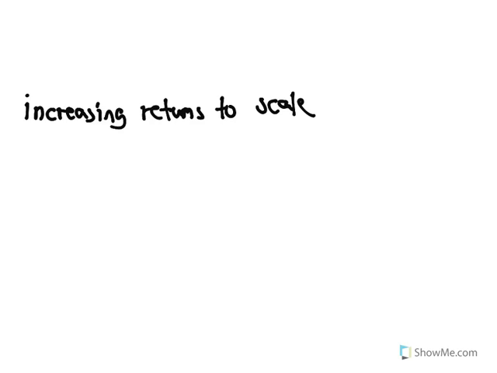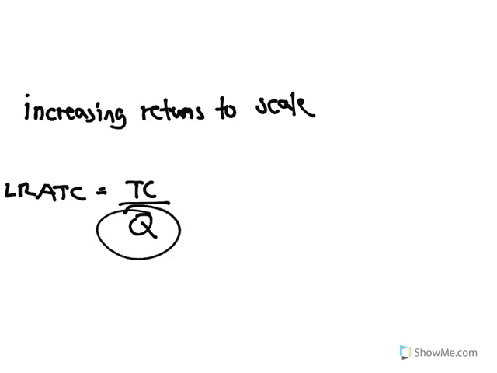You're able to spread your cost over a lot of output, right? Because remember that average total cost, in this case long run average total cost because we're in the long run, is total cost divided by Q. Well, if you're really productive over the long run, you can change all of your resources. You can make Q really, really big. And so your average cost per unit of output is going to get really, really small, right?